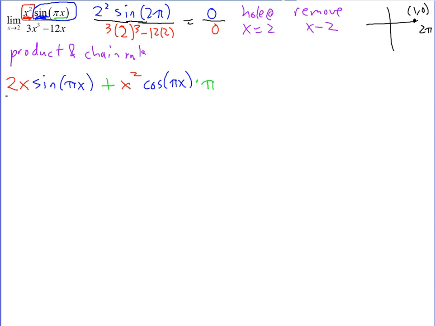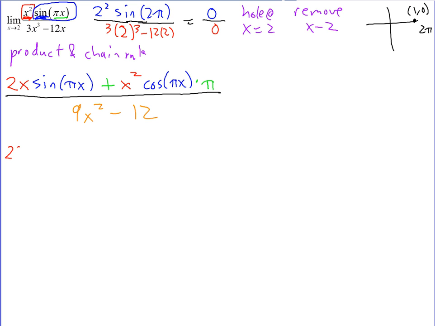And now let's take the derivative of the denominator separately again. We're not using the quotient rule here. So the derivative of the denominator is a simple one there. It's just 3 times 3, so 9x squared minus 12. And then we can go ahead and substitute in what x is approaching, 2.